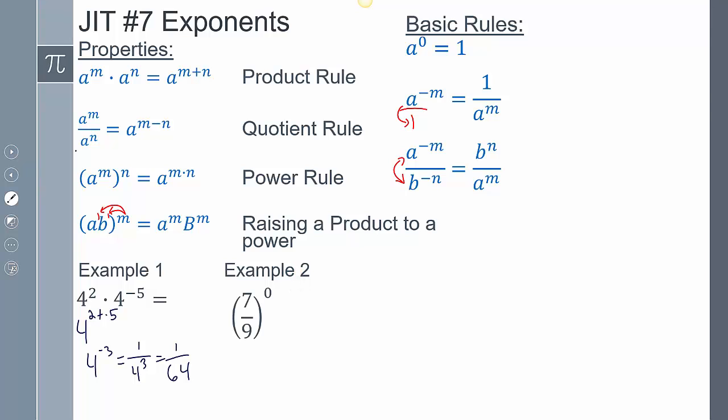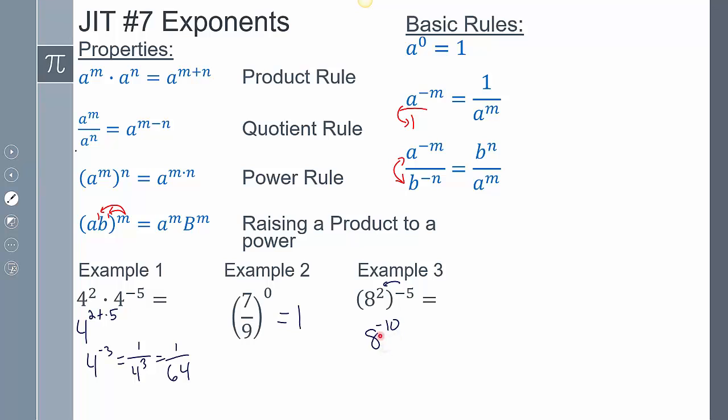Example number 2, I have 7 over 9 to the 0 power. And so we said anything to the 0 exponent is going to be 1, and so that's going to be 1. For this one, I have this power to this exponent, so 8 squared to the negative 5th. We're going to be using this property here called the power rule. And so what I need to do now is multiply those two exponents together.